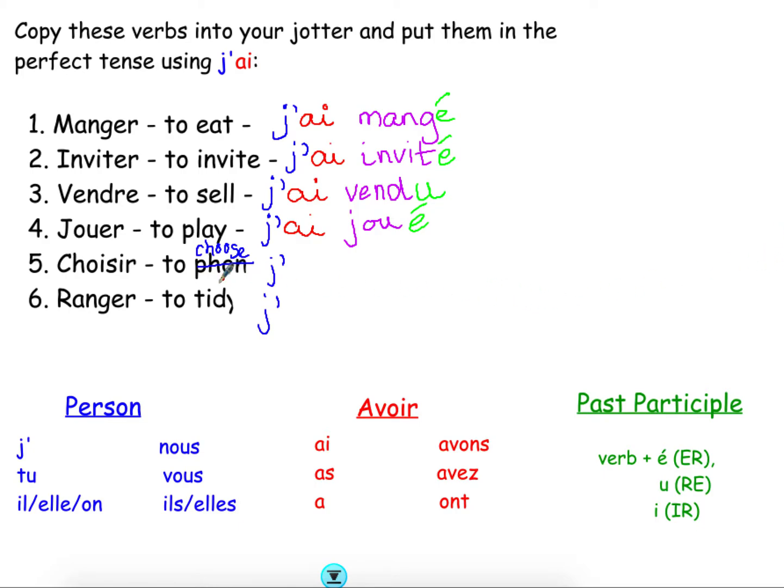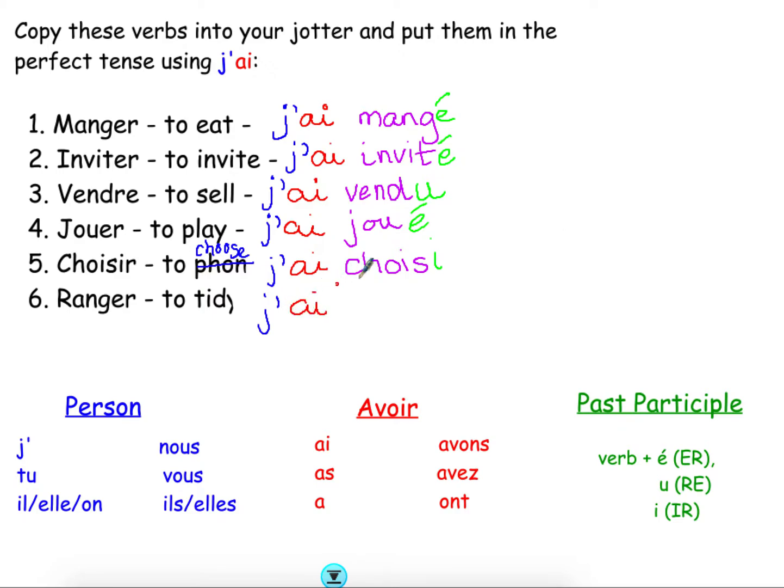The next one, choisir, means to choose. Okay, so j'ai. This is an IR verb, so we need to take off the IR. Choix. And then we add on an I. So j'ai choisi. Ranger, to tidy.